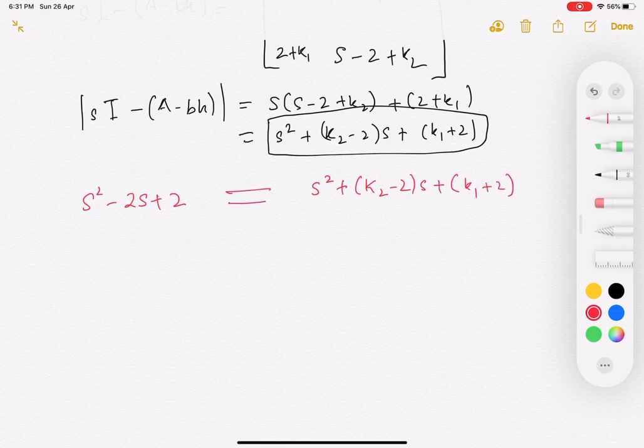So just by comparing these two, we can see that k2 minus 2 has to be equal to minus 2, which means that k2 would be equal to, just a second.